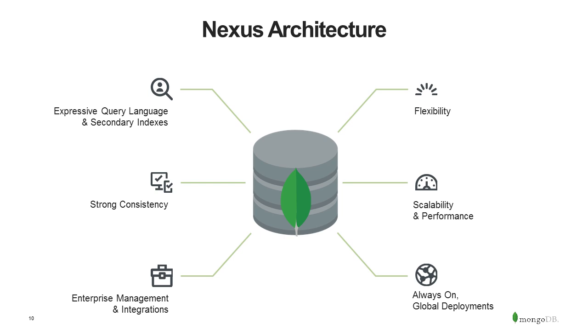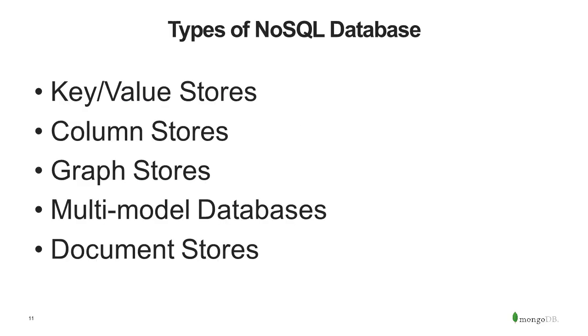And it's what we call our Nexus Architecture. It's designed to give you the best of both worlds. All the stuff you know and love in relational combined with all the stuff you know and love in NoSQL databases. So, what do we mean by NoSQL databases?